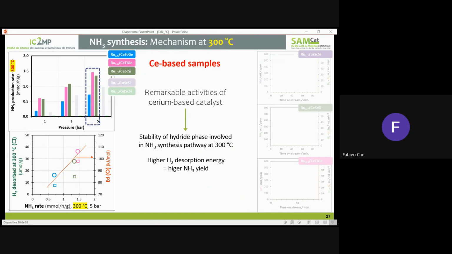So it's quite surprising. You can maybe explain this by a competition between the NH3 desorption and hydrogen desorption. So it means that if you have higher H2 desorption energy, maybe you can help the NH3 desorption and increase the ammonia yield, but it's not so easy to explain.